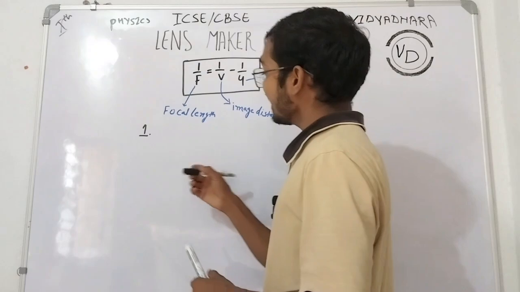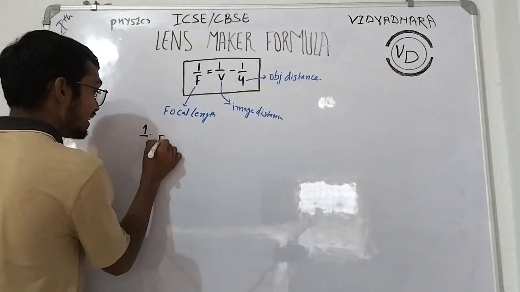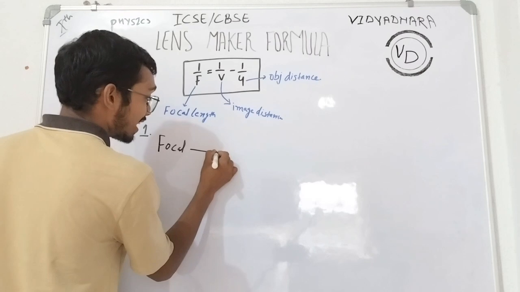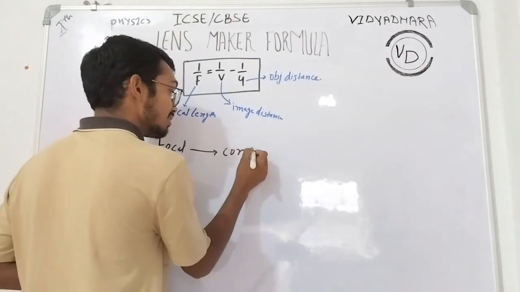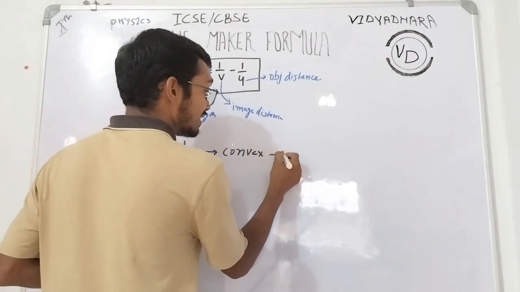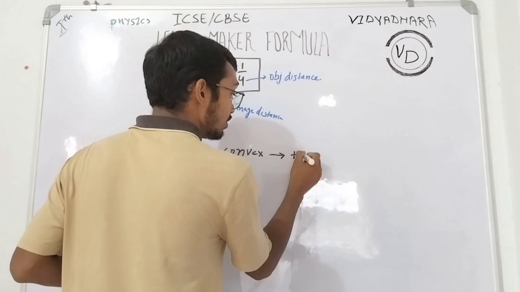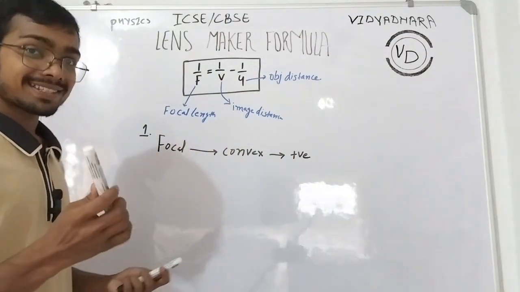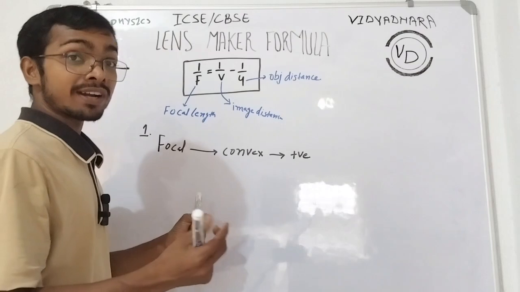First one is that the focal length of convex lens is always positive. I repeat this twice, by diagram and by words.